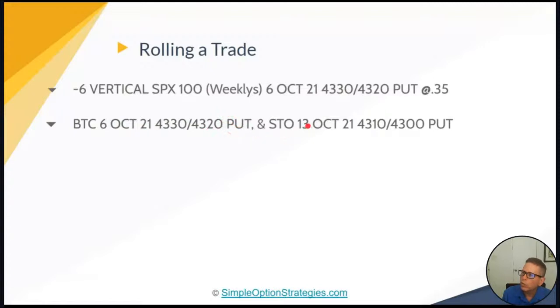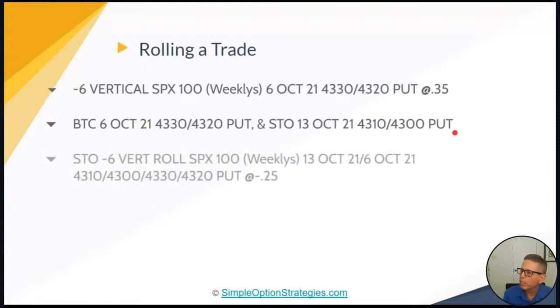Then you're selling to open the 13 October, going out a week, 43.10/43.00 put spread, for a certain amount, in this case 25 cents. That's actually what you're doing in a roll.